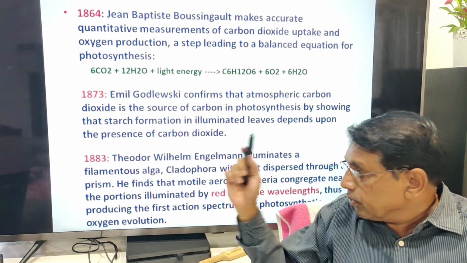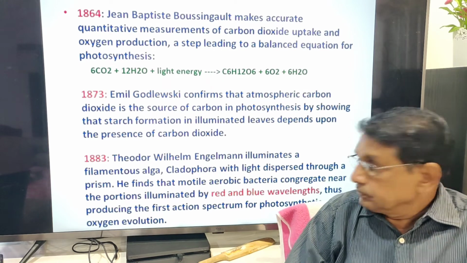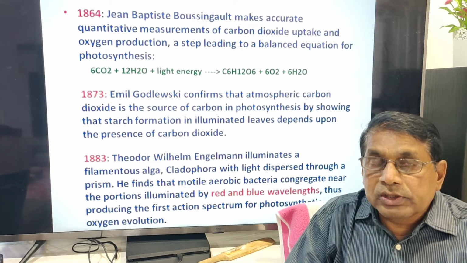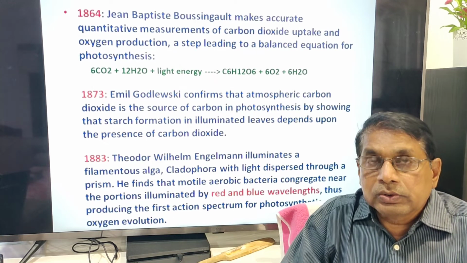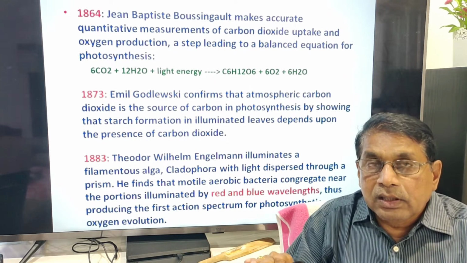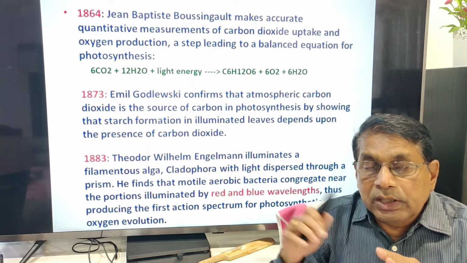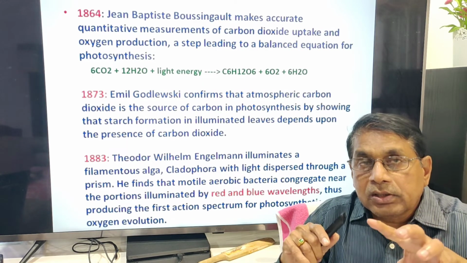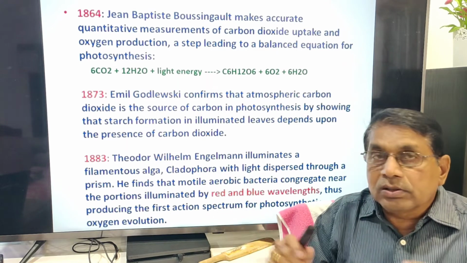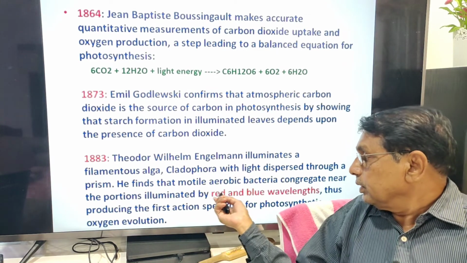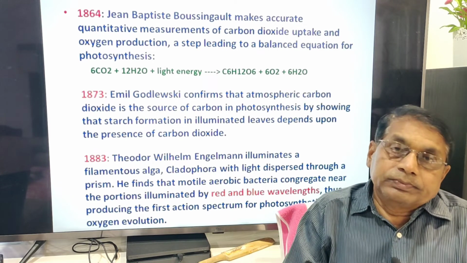This is another important finding. When a filamentous alga like Spirogyra, which has chlorophyll, is exposed to different wavelengths of light, he observed that the organisms accumulated, or came together, in red and blue lights.